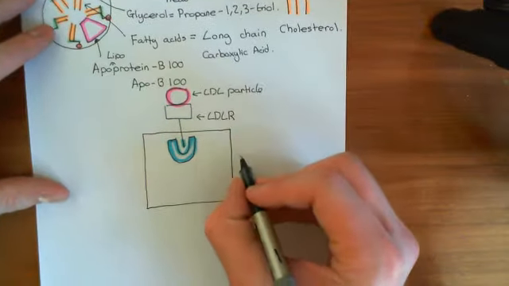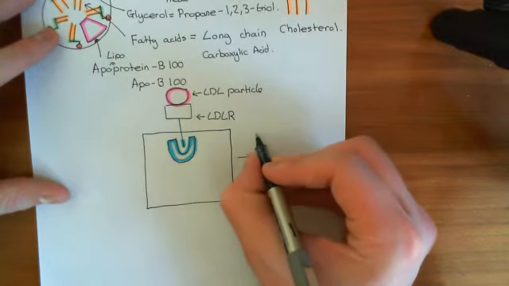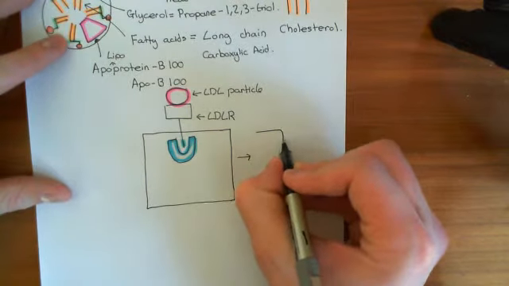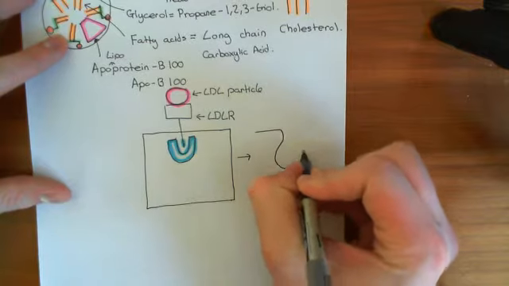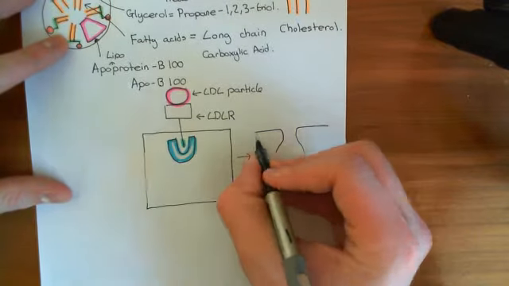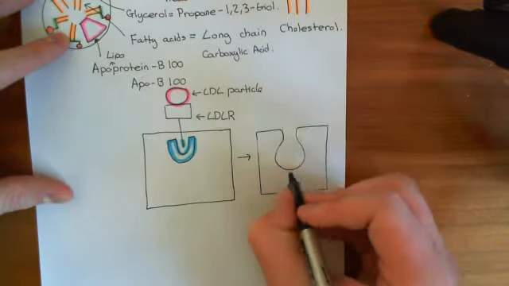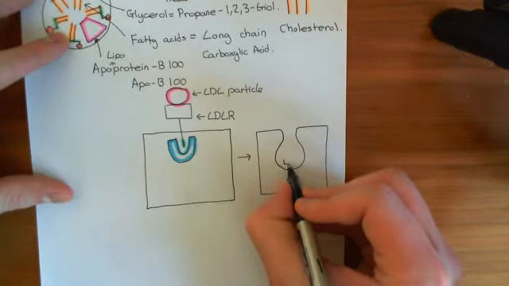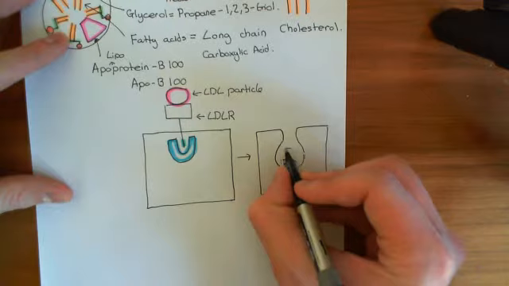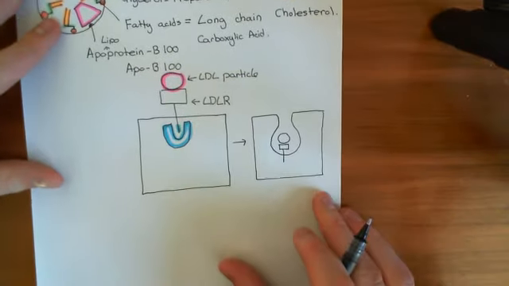So if I draw this process happening, so you're going to get the budding off of the vesicle like so. Here's the vesicle that's being budded off. Okay, and the LDL receptor is still there, so I might have to draw it a little smaller now. So here's the LDL receptor, and it's got its LDL bound to it there.